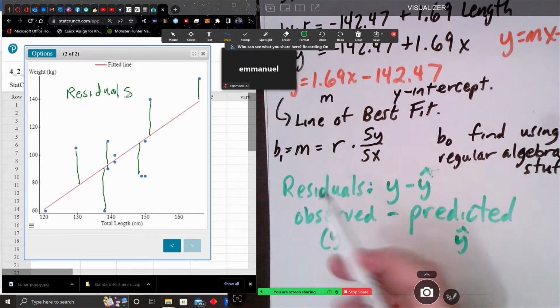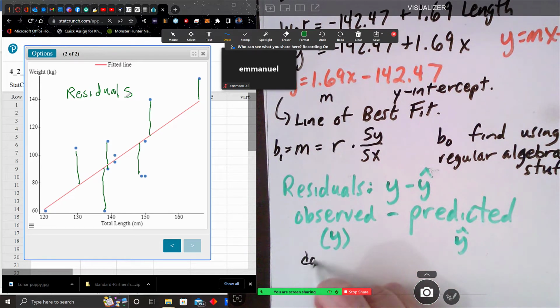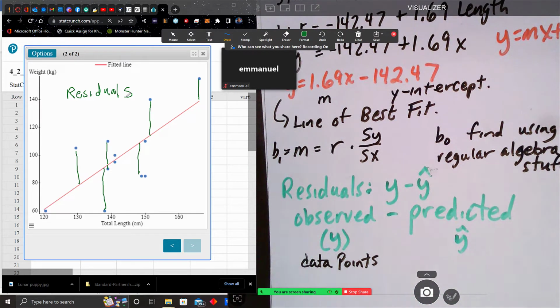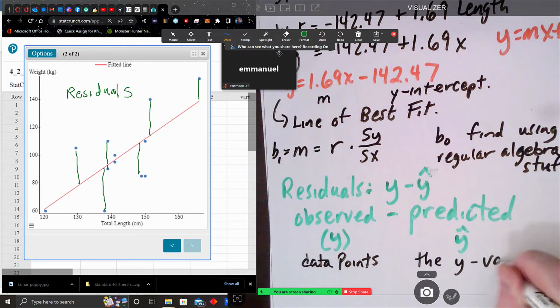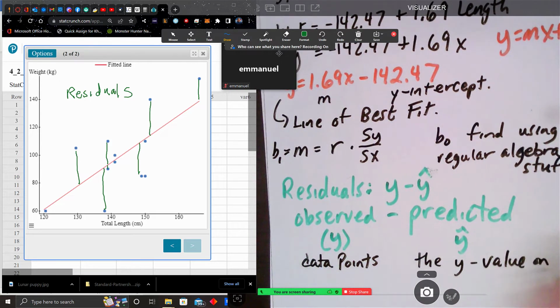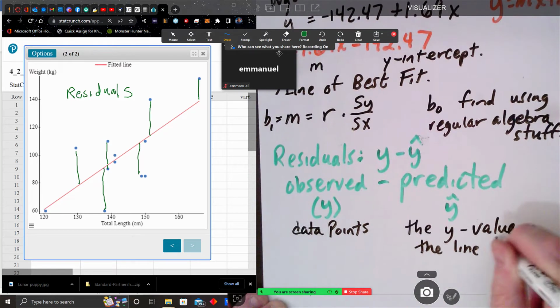Observed means it comes from the data points, the actual dots over here on the graph. The predicted is the Y value on the line for that X.